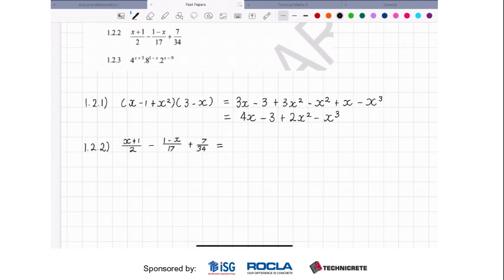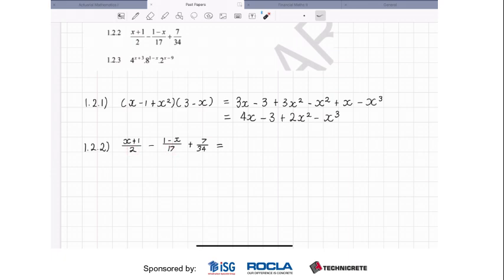So I need to find a common denominator of these denominators, and then I can add the numerators as normal. To get the common denominator, I can see that this one is 2 and this one's 17, and the biggest denominator is 34. And 17 and 2 are both factors of 34.